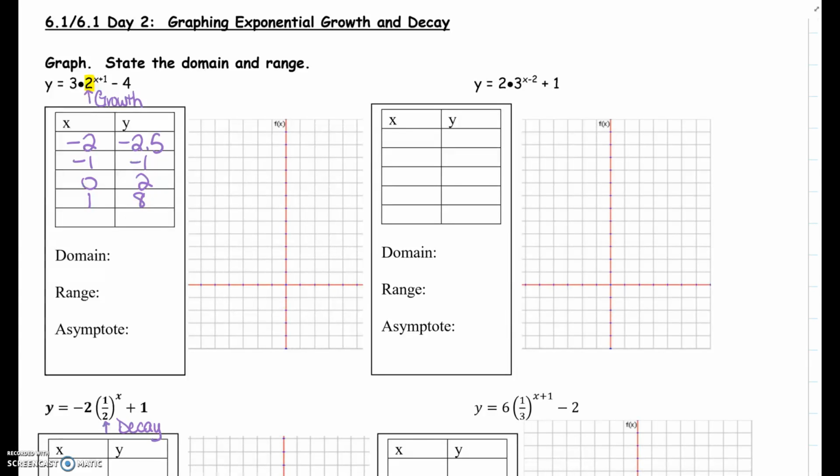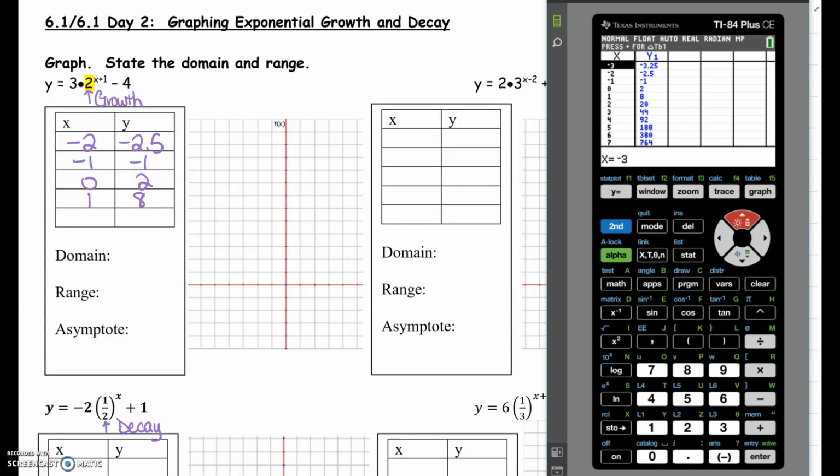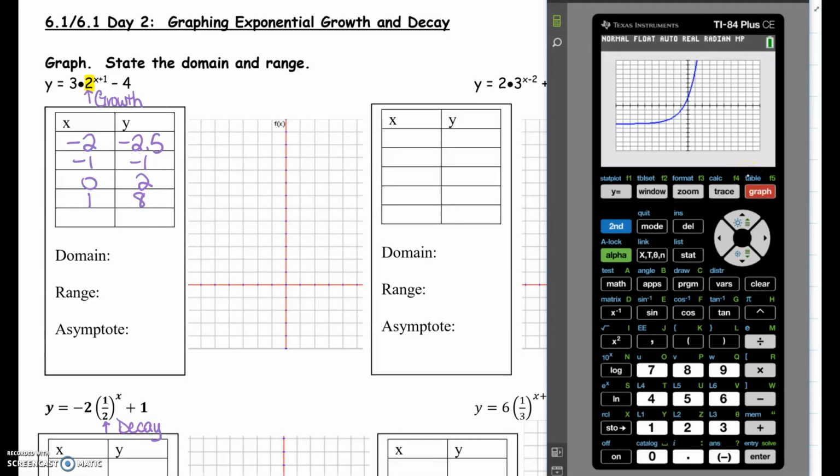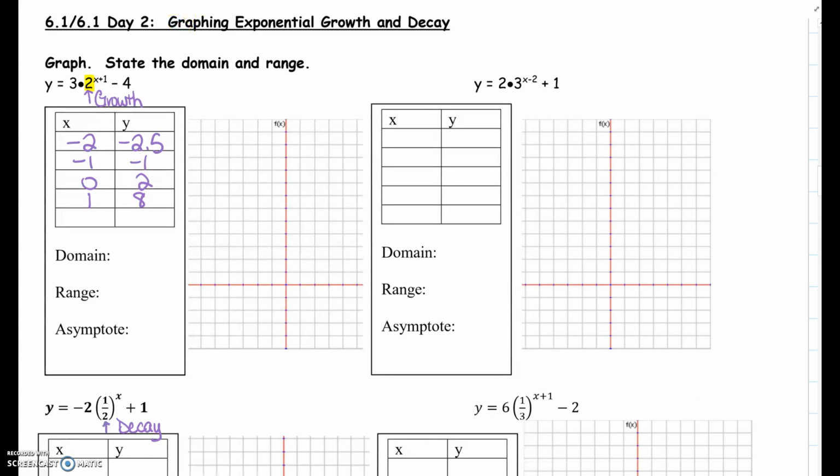Okay. Before I plot those points, there's a couple other things I want to notice. Where's the asymptote on this graph? Y equals -4. That's also visible in the equation. The number added or subtracted not in the exponent is going to give you your asymptote.